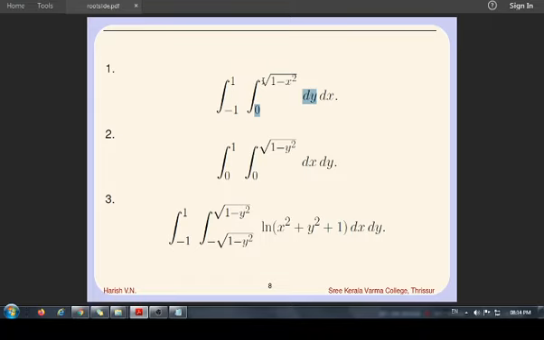Upper half of the circle of radius 1. Right? Y equal to square root of 1 minus x square means y square is equal to 1 minus x square, or x square plus y square is equal to 1. But here you are taking the non-negative square root, the positive square root. So you will get the upper half of the unit circle.